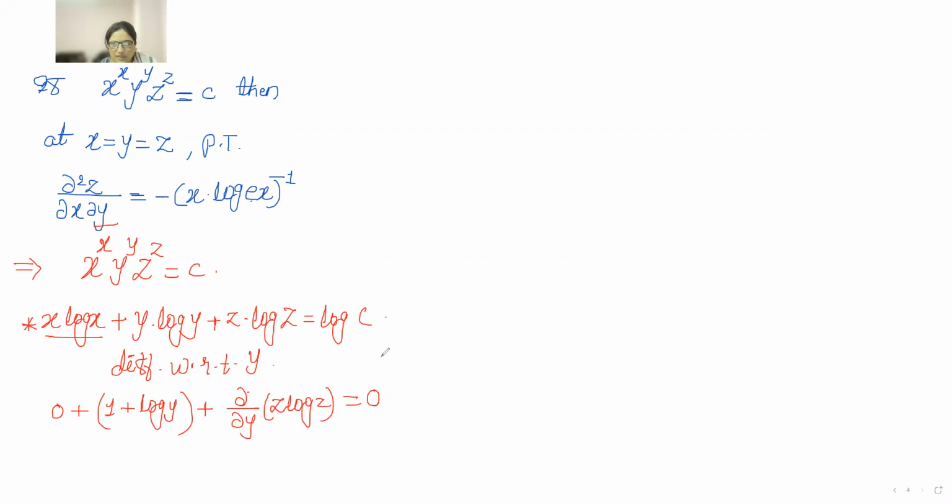So it can be written as, look at this, dou by dou y of z log z. Since x is constant, its derivative will be 0. Therefore we can write 1 plus log y plus dou by dou y of z into log z. Shall I write dou by dou z of z log z into dou z by dou y equal to 0?